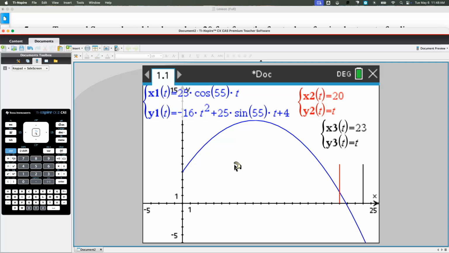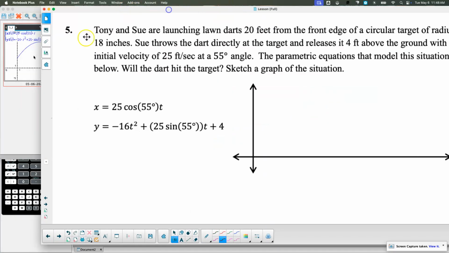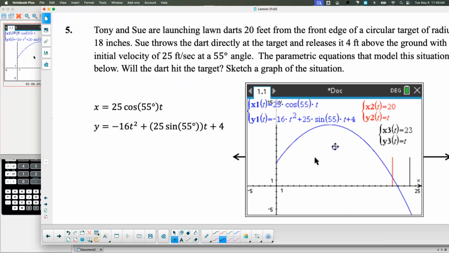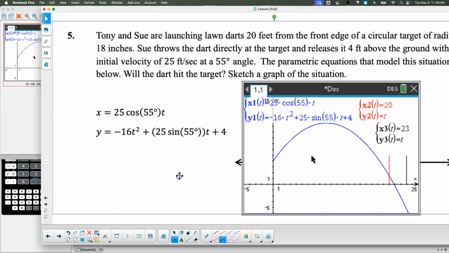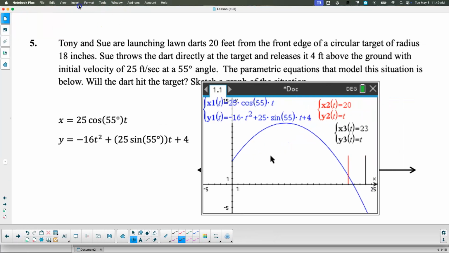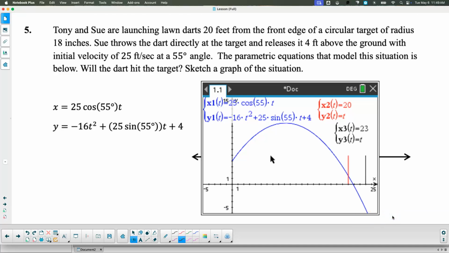Now let me get a screen capture here. So here is the ring on the ground.